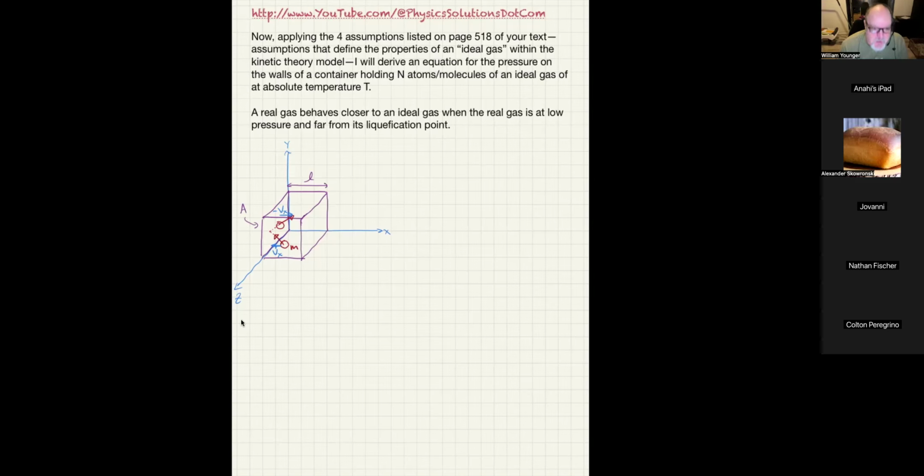So what we're going to use is Newton's second law in the form that he originally wrote it, which was F is equal to dP/dt. So we're going to make the argument that the force on the left-hand plate face is given by the change in momentum divided by the change in time.